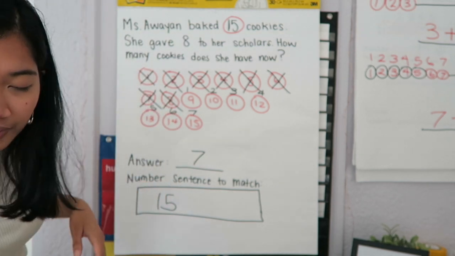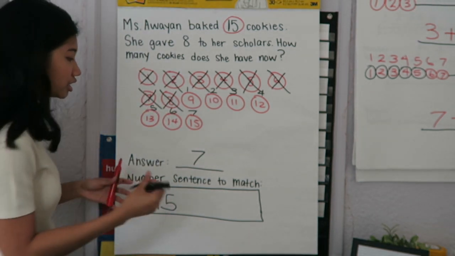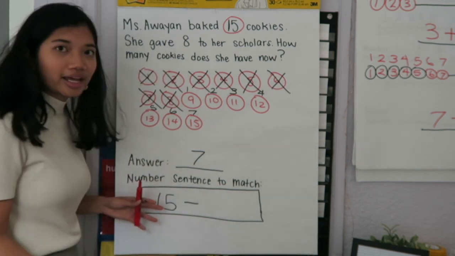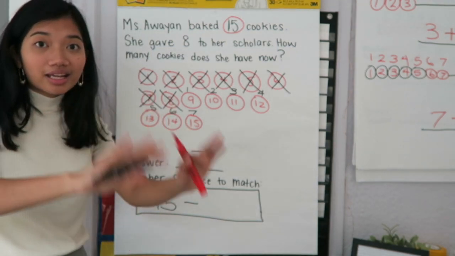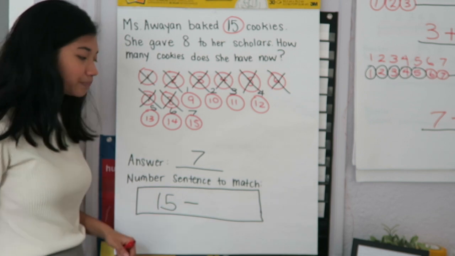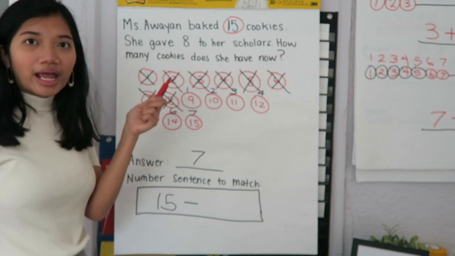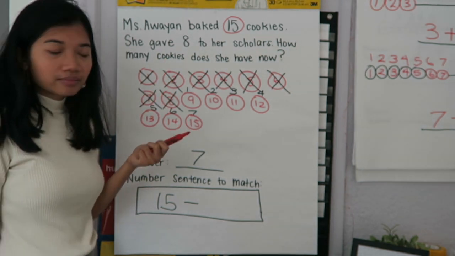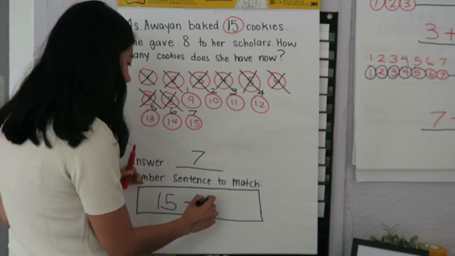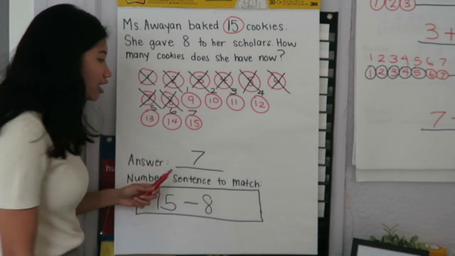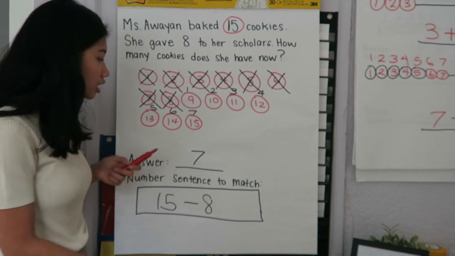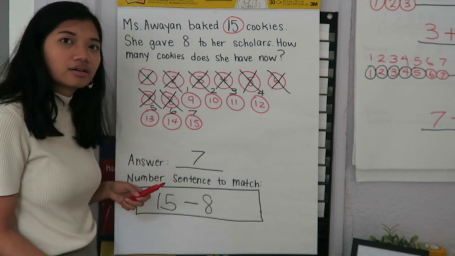This is how we write the subtraction sign. Just a line like that. Again, that means we're taking stuff away from my big number. Now what did I give away? How many cookies did I give away? 8 cookies, so I'm going to write that. And what are we left with? 7.